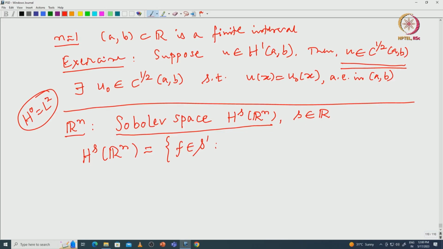So, f cap, as a tempered distribution, but we want it to be a function, and when multiplied by this polynomial factor, we want this to be in L2 of R^n.